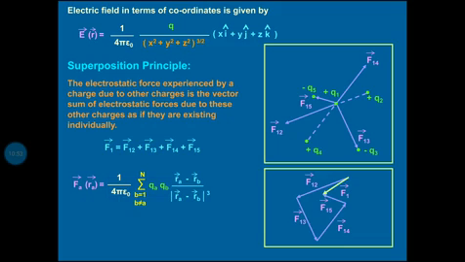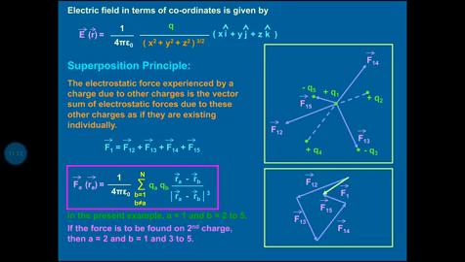In the present example, if a equals 1 and b equals 2 to 5, then the above representation determines the force exerted by particle 1 on all other charges. If the force is to be found on the second charge, then a equals 2 and b equals 1, 3 to 5, and so on.